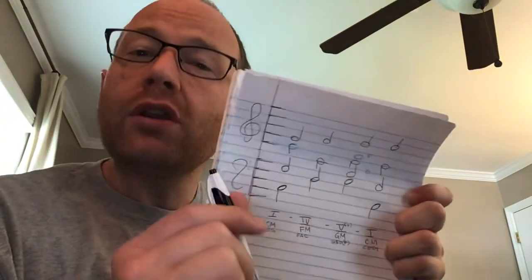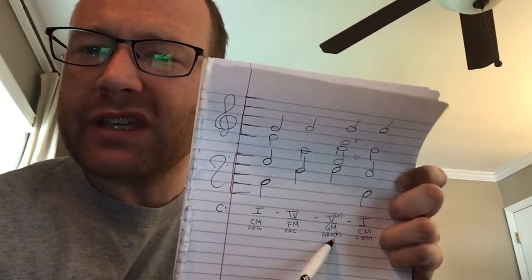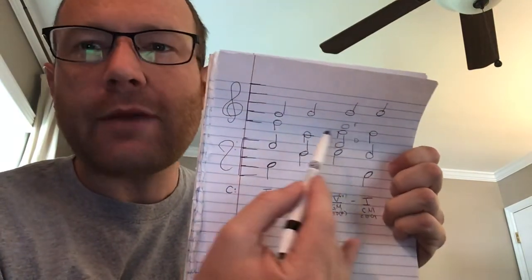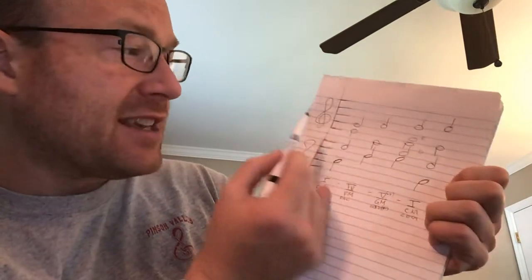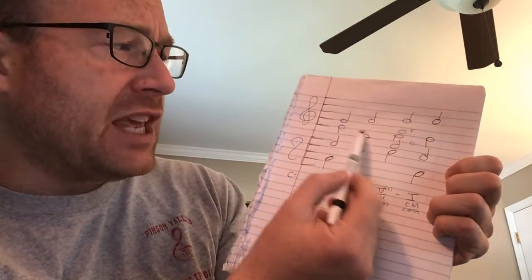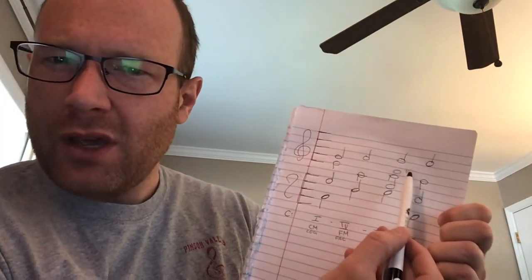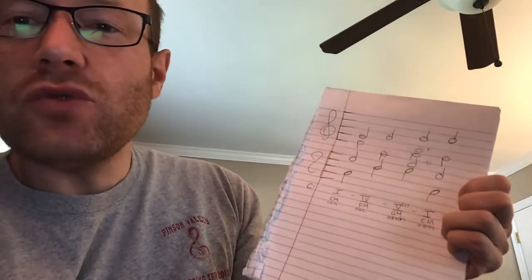So when you want to go back and do something a little bit more to give a little bit more color, you're probably going to have to work your way backwards. Because again, you're going from an E to a C to an F in the alto line, also a little bit weird. Okay, so you would have to rewrite those inner parts to make it match what you want to do.